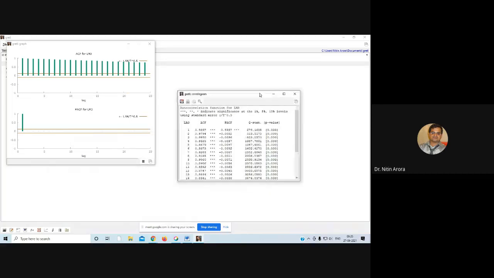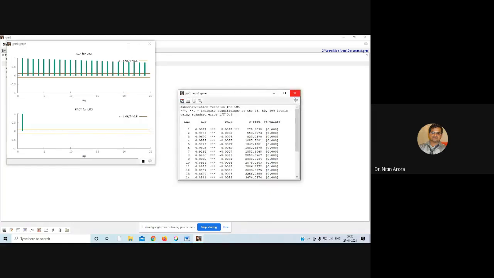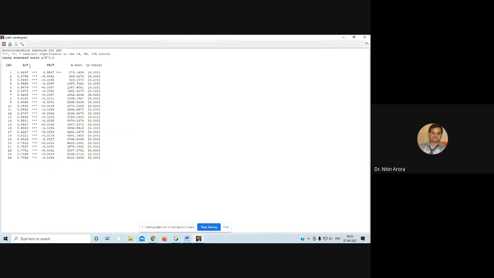Once you click OK, you may observe we have the autocorrelation function ACF and the partial autocorrelation function. Q statistics have been given with a p-value 0.000. Basically, these Q statistics have been computed for ACF, not for PACF. These are statistically significant, which is why you can see the 3 stars with the ACF function. But let me tell you what we have to see.